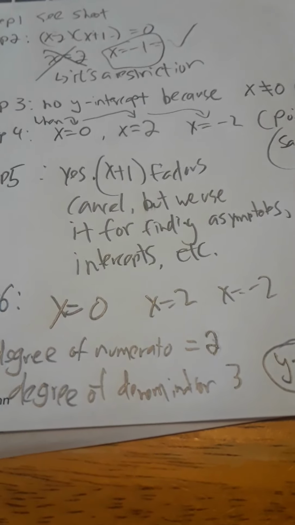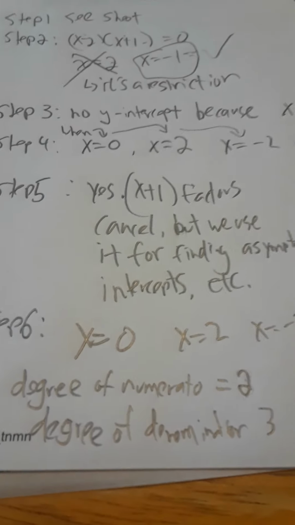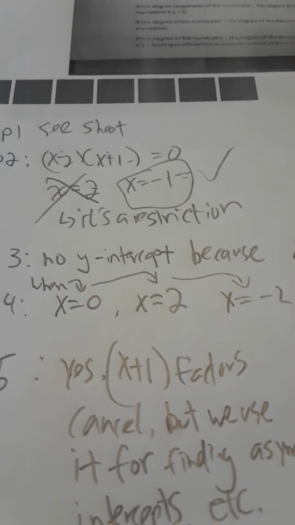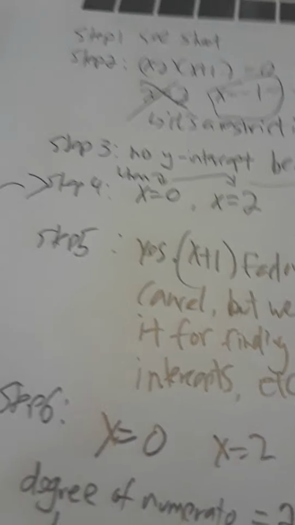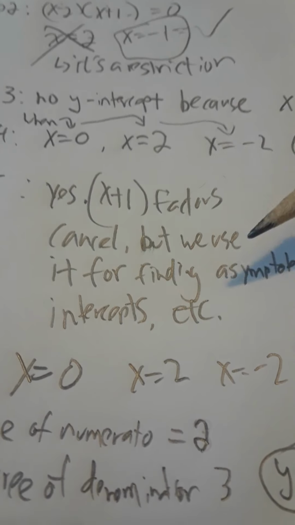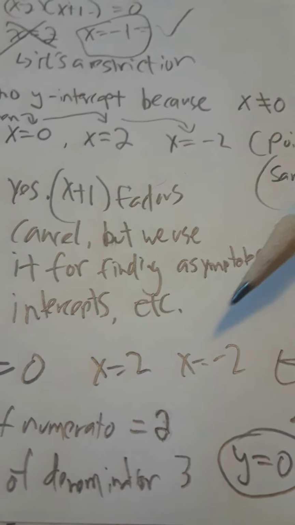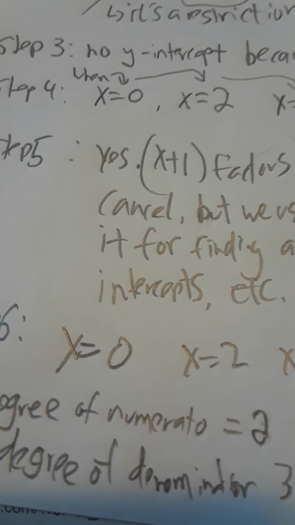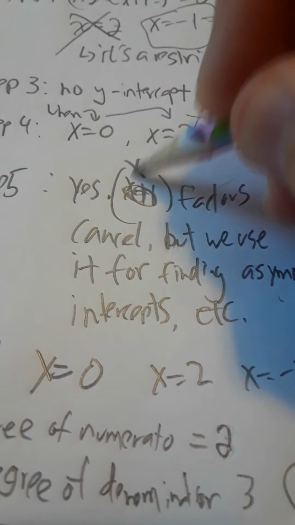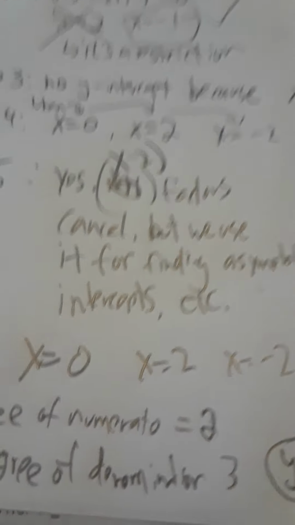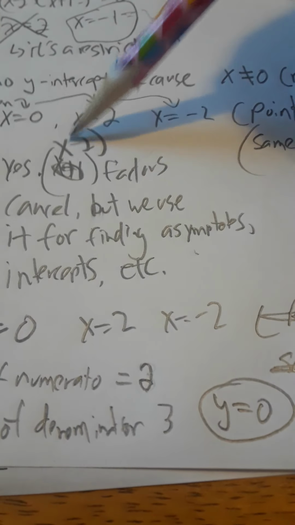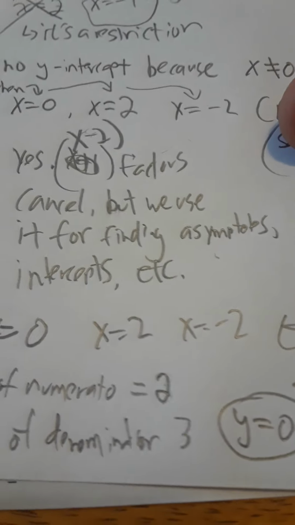Step 5, I think, on that one, is to find any holes, points of discontinuity. Number 5 is right here. So yes, the factors cancel, but we still use them for finding asymptotes, intercepts, etc. It's not x plus 1 that cancels, it's the x minus 2, excuse me. The x minus 2 cancels, but we still use it to find those things.